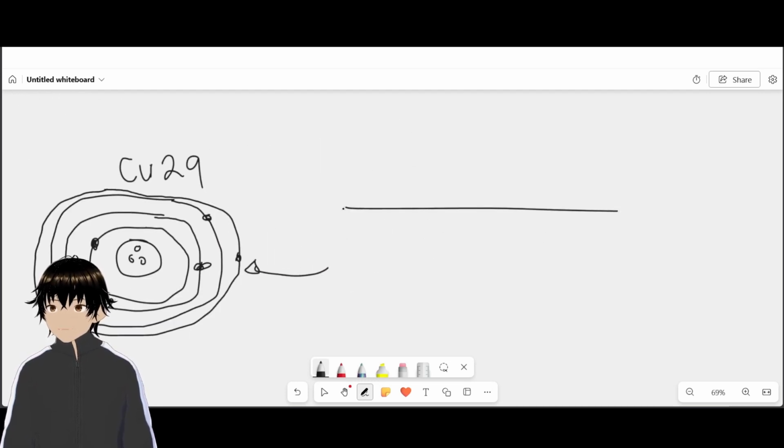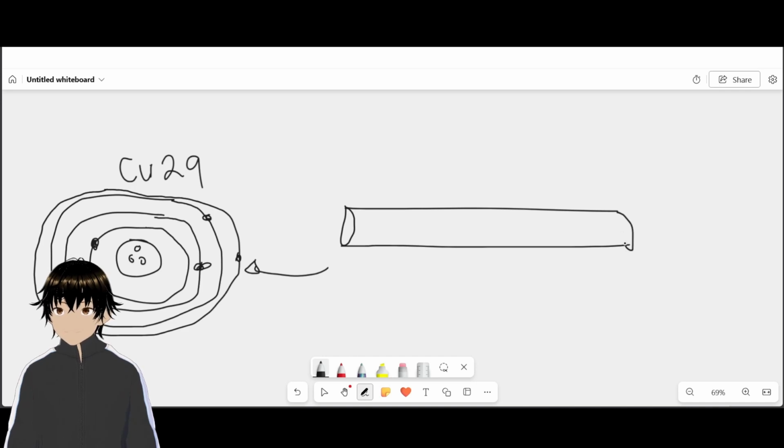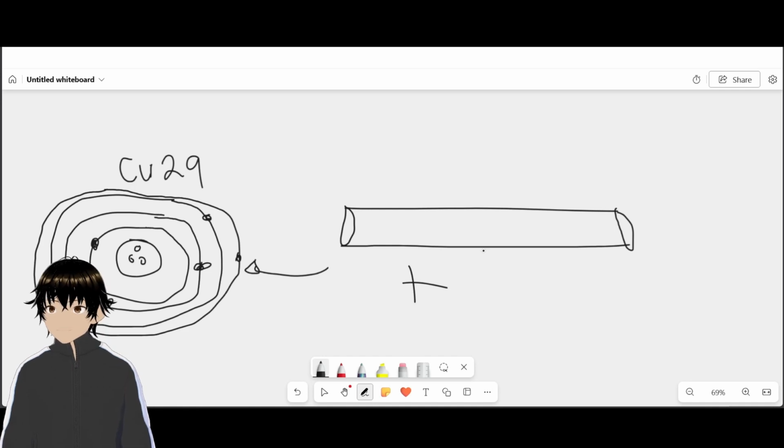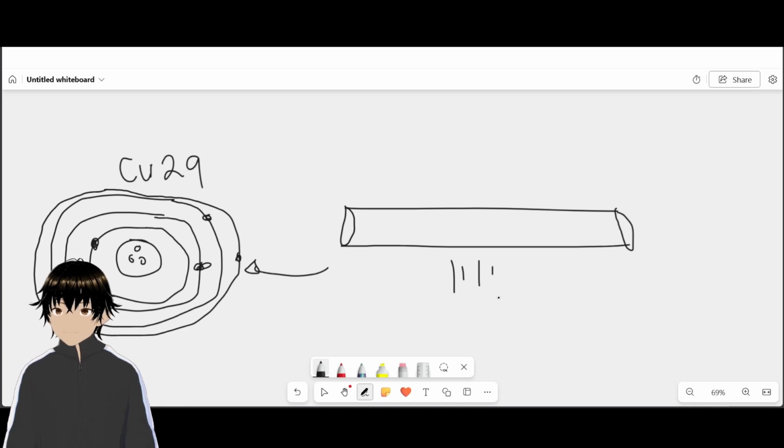So we can imagine here we have a copper wire. Let's say you have a battery right here. You have to connect the battery to the copper wire.